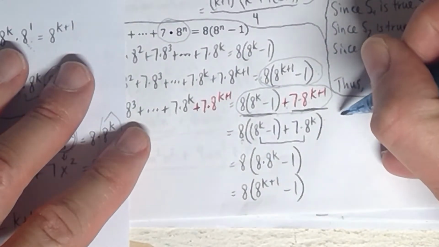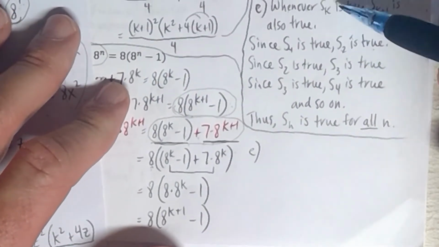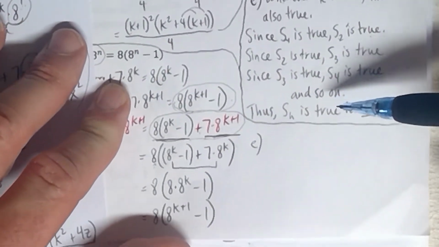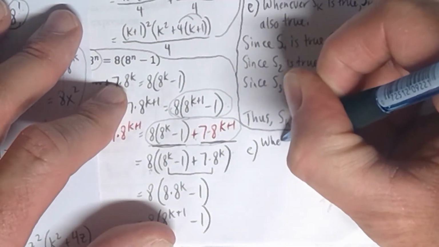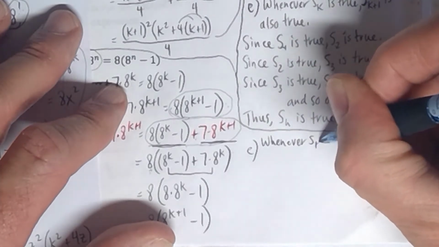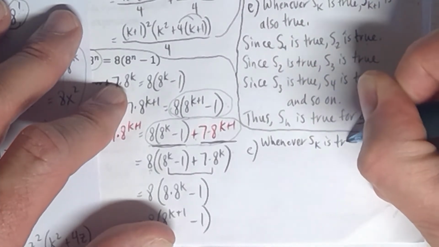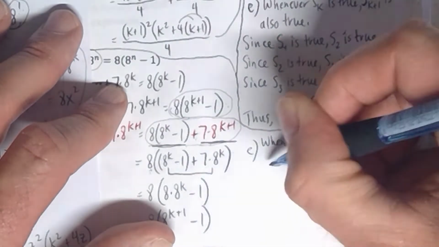Okay? And so that's part D. What's part E, you guys? The exact same thing as part E up here. You just rewrite that same thing. I'm going to go ahead and rewrite it again for practice. Whenever S_k is true, what do we say? S_(k+1) is also true.